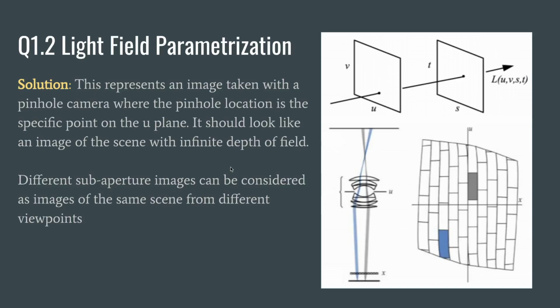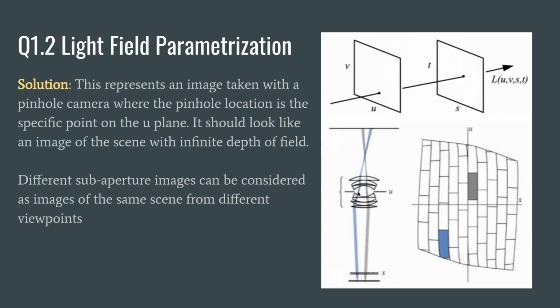So if we think back to what a pinhole camera is, we have all of our rays coming in from the scene and they all fan in to one specific point, and then fan back out to hit our sensor. This is very similar in that we're only looking at the rays that pass through one specific point on this plane here.